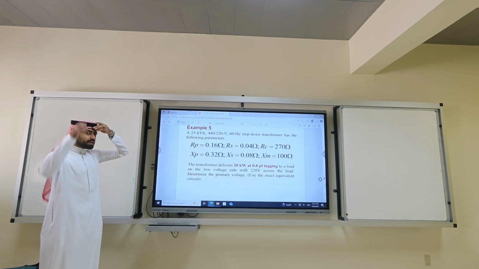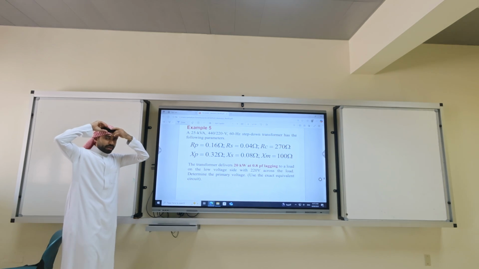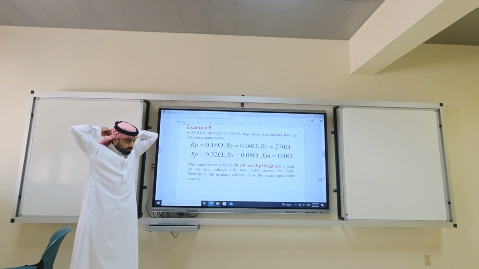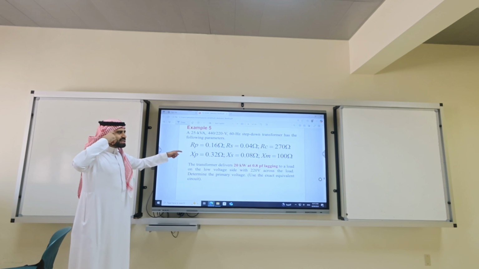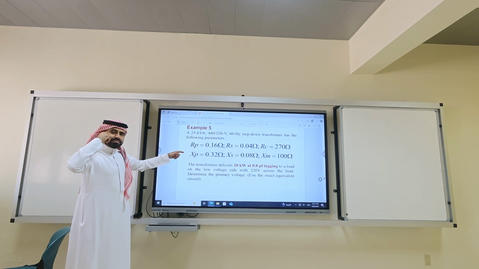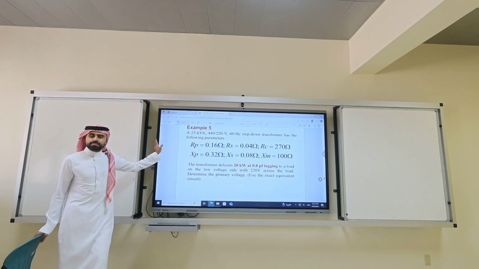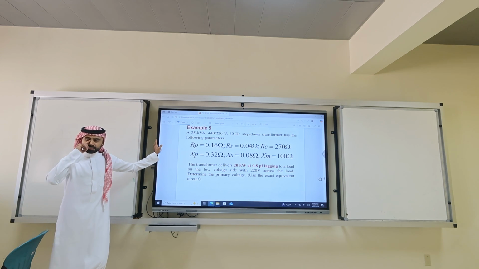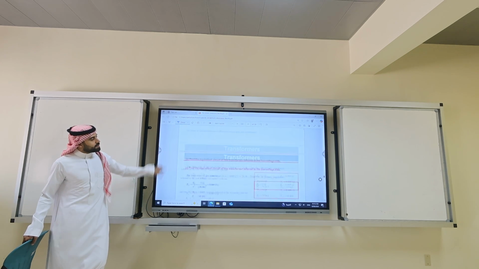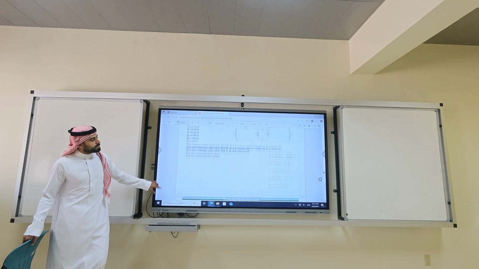Example 5 is very similar to example 1 if you want to practice for the quiz. Are the numbers the same? Can anybody check example 3? VIP example. They're the same?